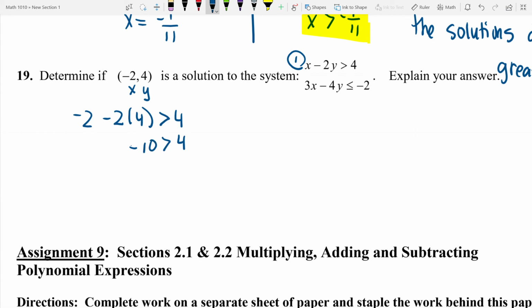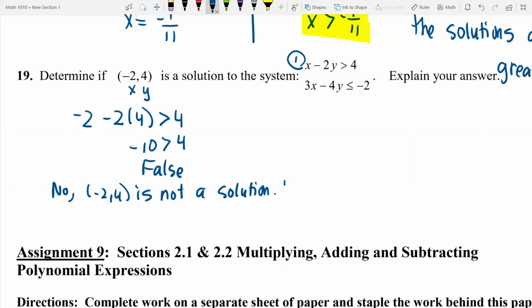Is a negative 10 bigger than 4, yes or no? No. So this is false. Okay. So we're going to say no, comma, negative 2 comma 4 is not a solution. Why not?